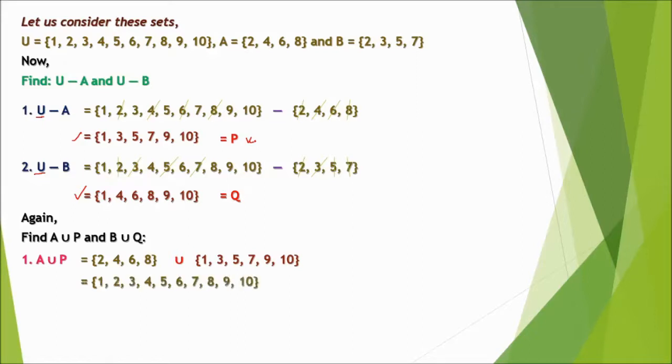So we have written each and every element of sets A and P without any repetition. So what is this set? What is this set? Okay, think about it. B union operator Q.